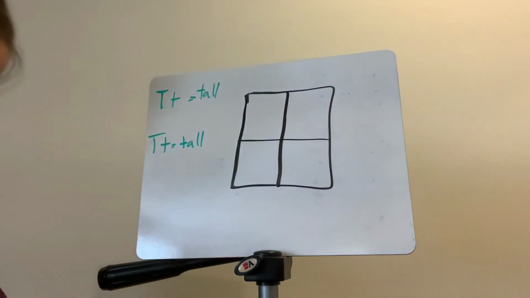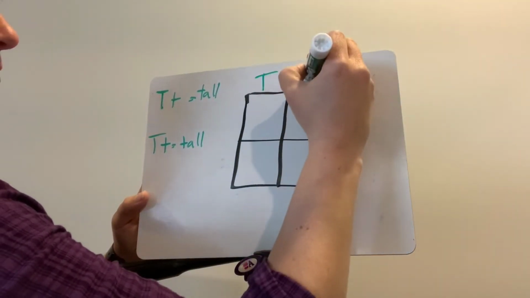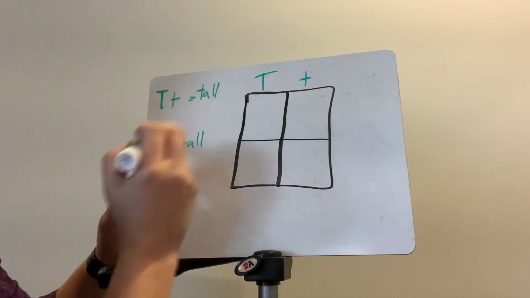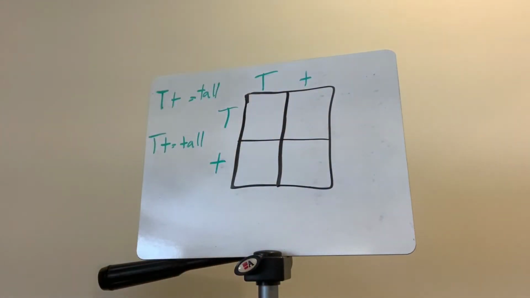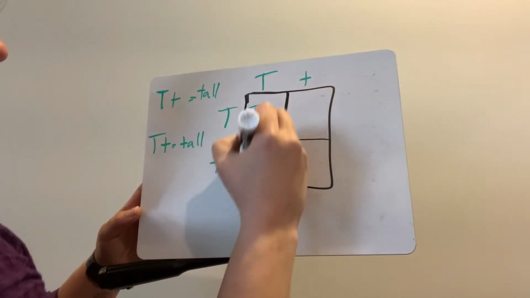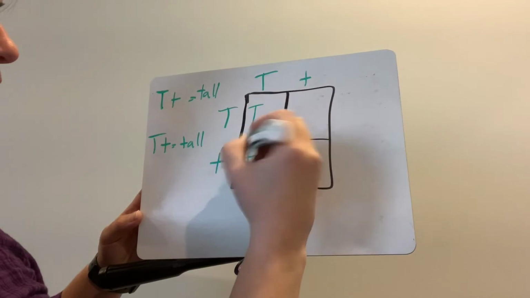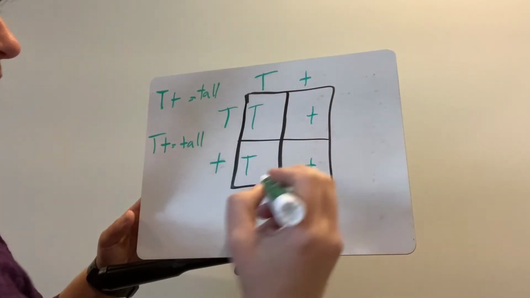But we're still going to set this up the same way. We're going to take these two, we're going to split them up at the top, capital T, lowercase t. We're going to take these two, capital T, lowercase t, on the side. Drag and drop again like we did before. Capital T gets pulled down. Lowercase t gets pulled down.